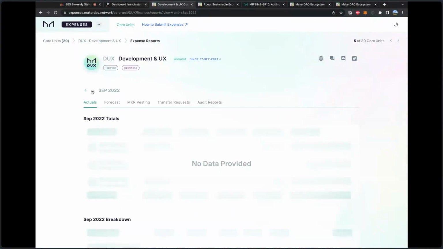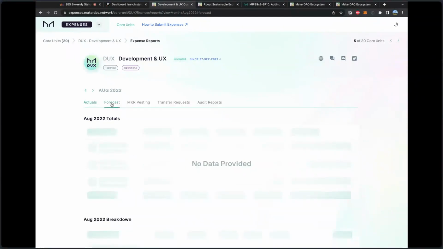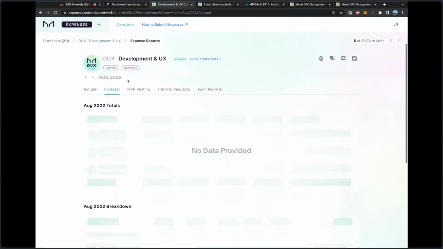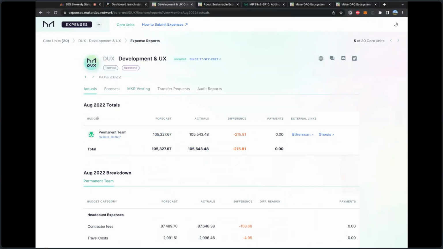You can look at actuals, which is of course the actual spend. You can look at forecasts, and see what the future of this core unit will have been pushed. And here there are some sections where we have given a view of what is to come, but there are certainly sections that have not yet been populated.